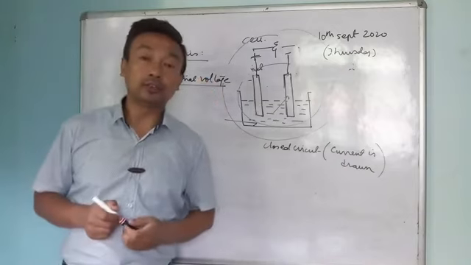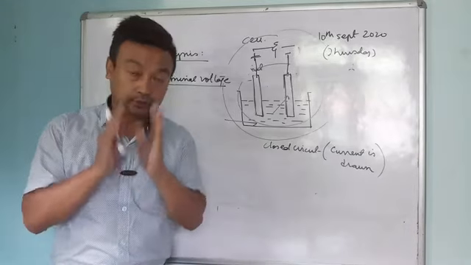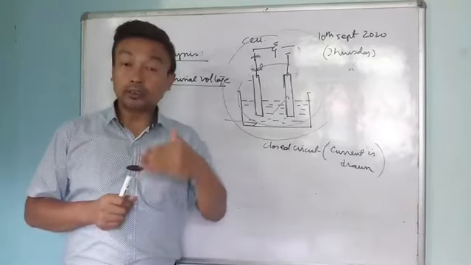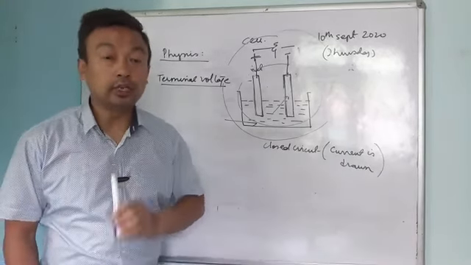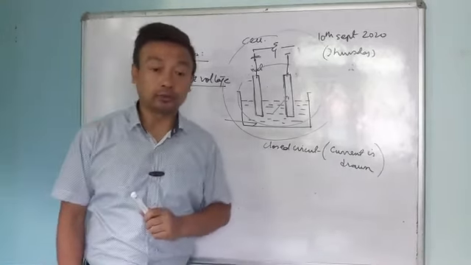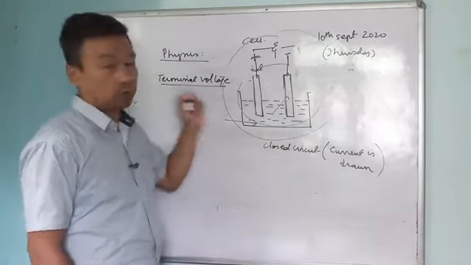So how do you define this terminal voltage? When the cell is in the closed circuit, or when the current is coming out from the cell, the potential difference between the electrodes or the terminals of the cell is known as the terminal voltage.